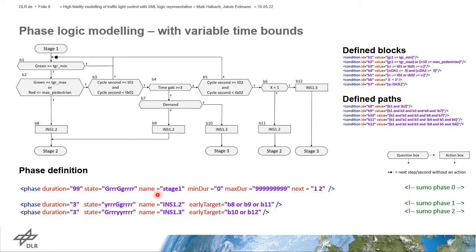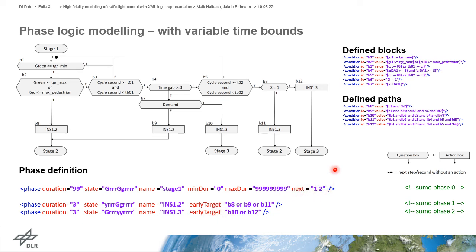Here for stage 1, we defined the expression min duration with 0, max duration with a very huge number, or we could also omit max dur. It will be the same principle as a huge figure. We choose the two expressions that way because we want to accomplish that the control checks every second the expression early targets from the mentioned phases in next.